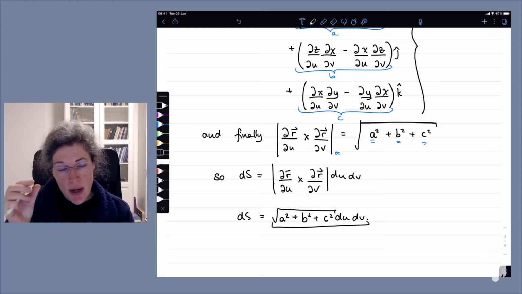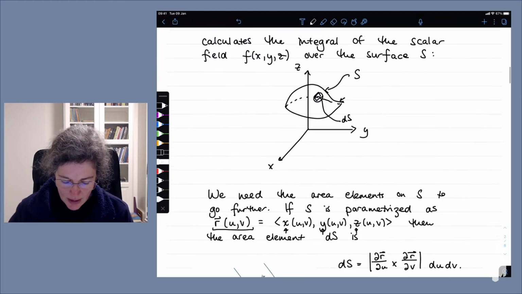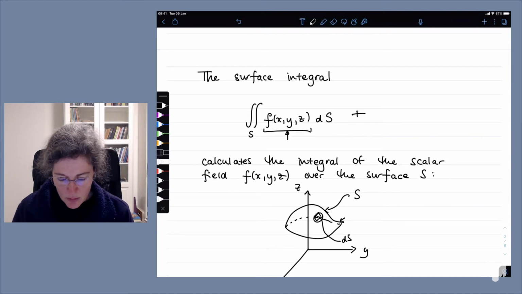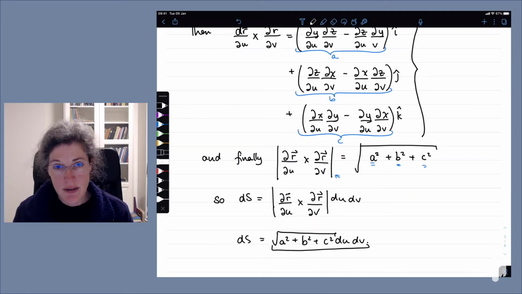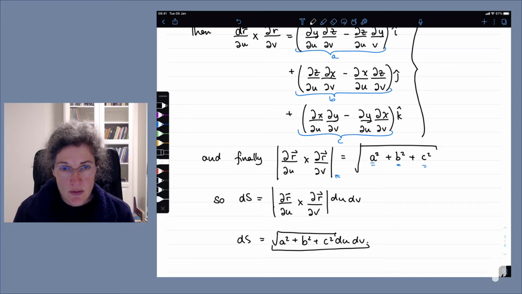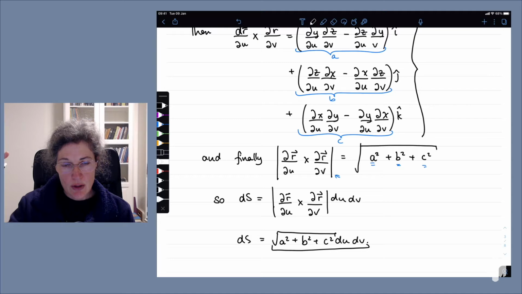Because now we've got parameters, so now we can take this integral, which we had all the way up here, which was not very clear, we didn't really know what to do, and we can turn it into a double integral in terms of u and v, and we know how to do double integrals. So the whole purpose of this was to take an integral over a surface that wasn't clear how to do and convert it into a double integral in parameters which we know how to do.